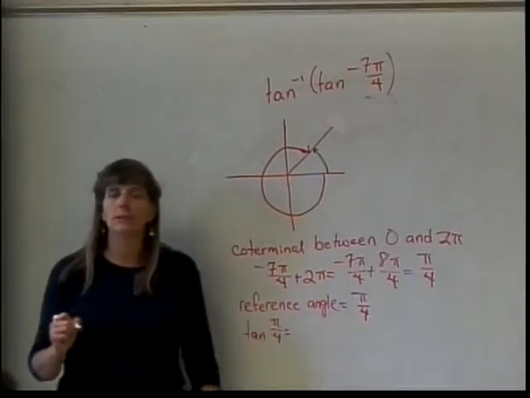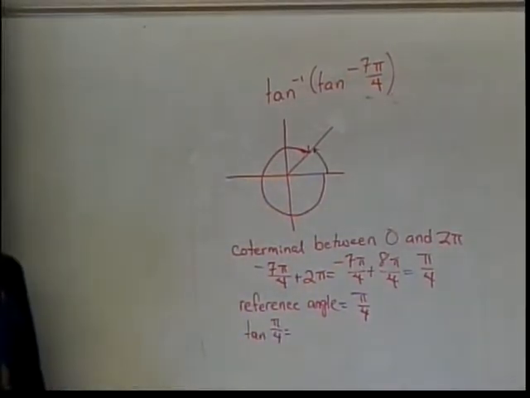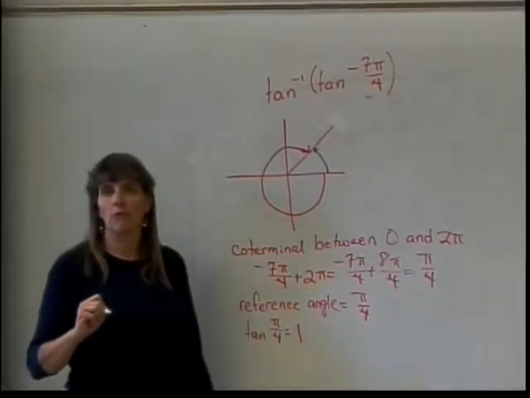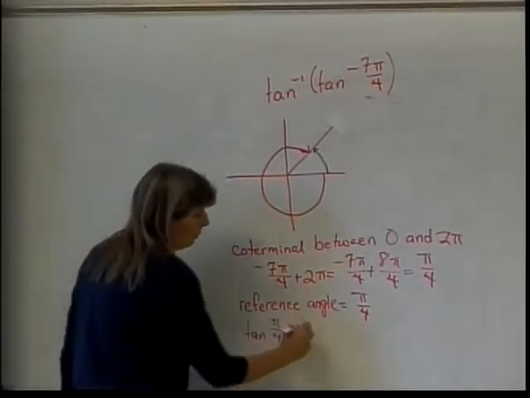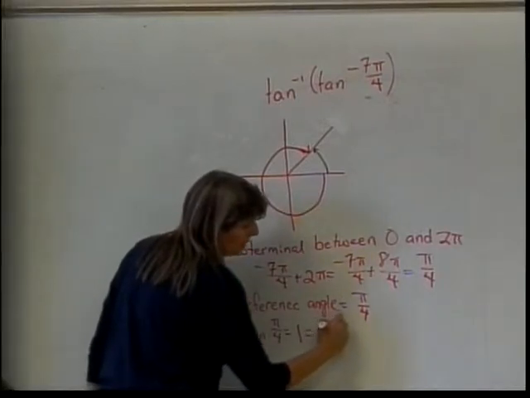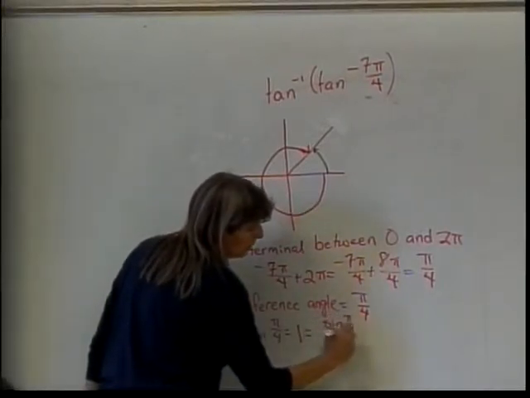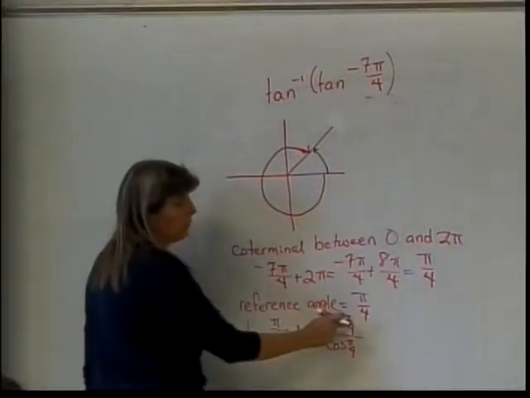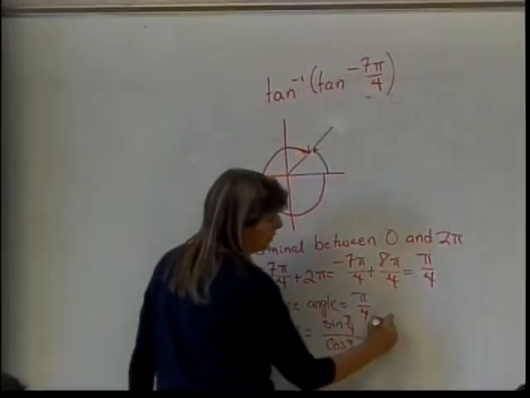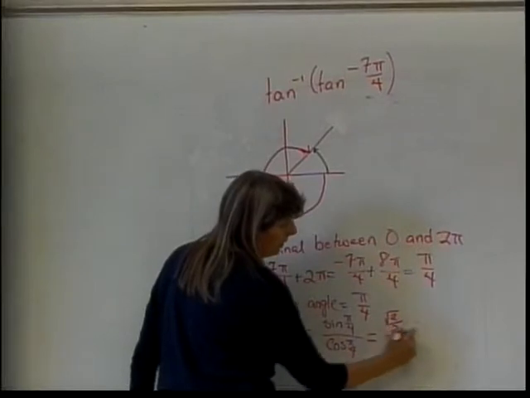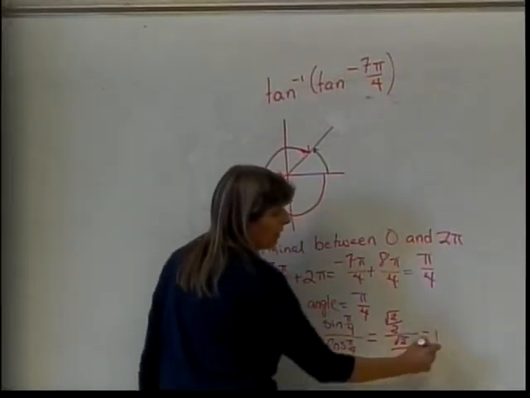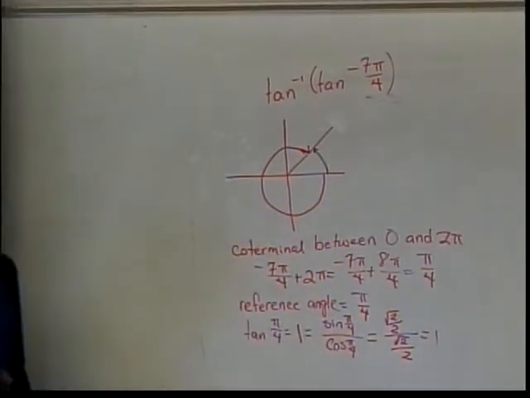What would that be? For those of you who are going, really? Remember, tangent is sine of the angle divided by the cosine of the angle. The sine of pi over 4 you should know as the square root of 2 over 2, and the cosine of pi over 4 is the square root of 2 over 2. And so that's why it comes out to be 1.